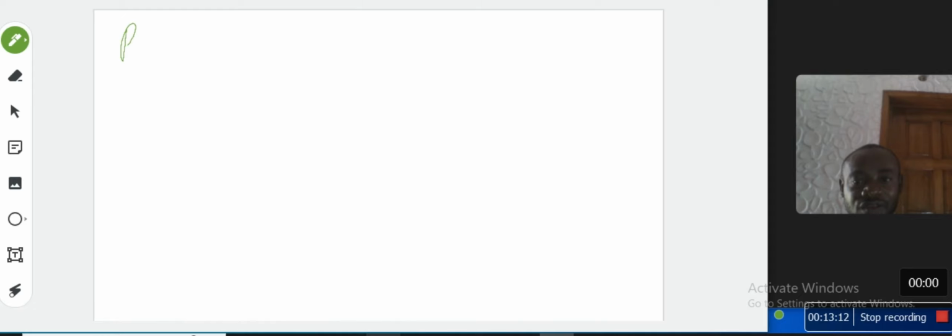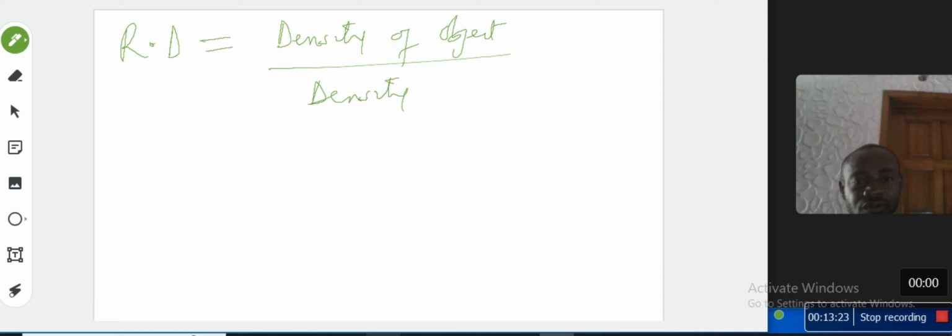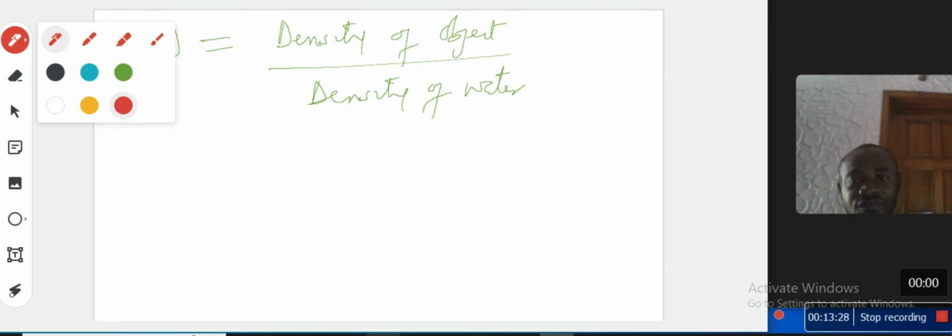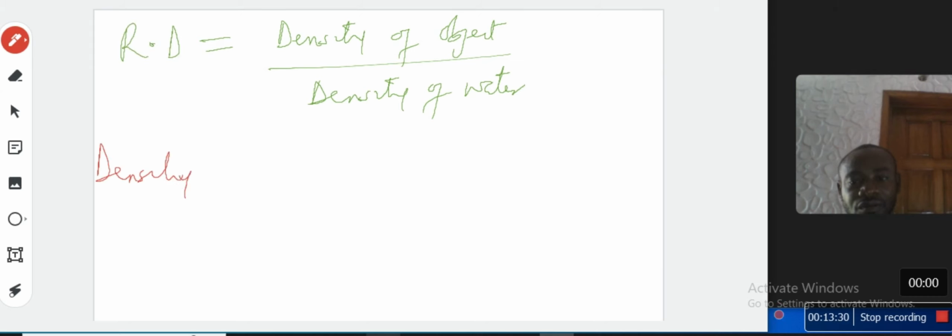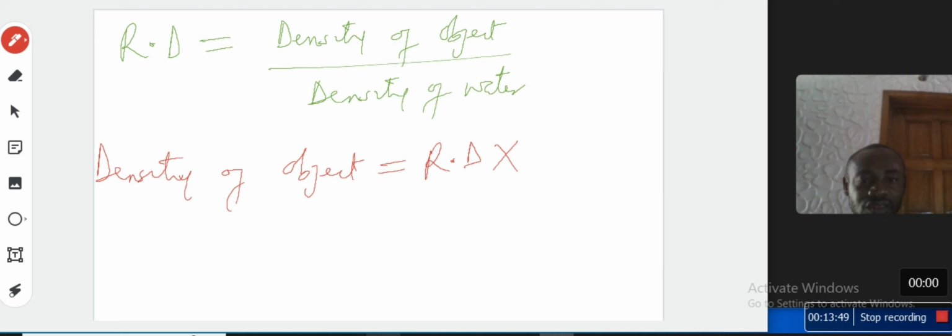Yeah, because you can actually say this is 1 over 1 if you like. So density of object will now be what? Relative density times density of water.